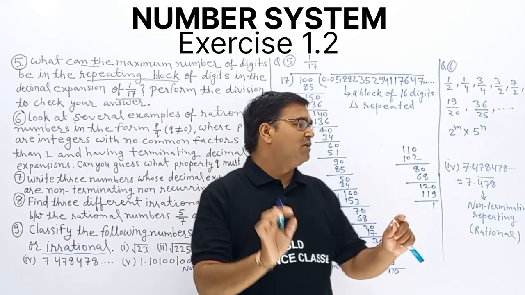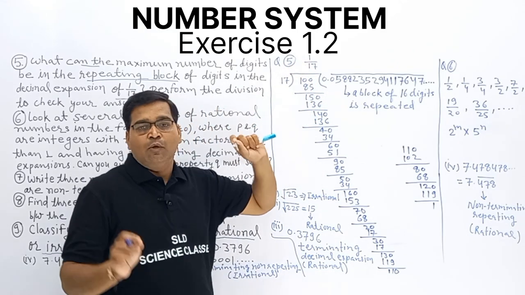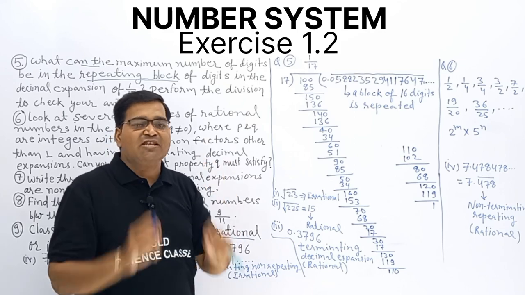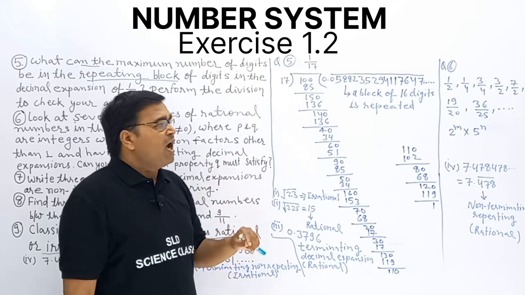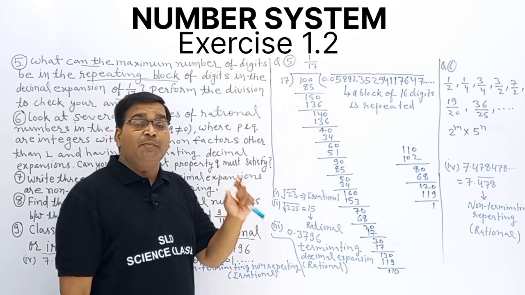So we want 1 by 17. What will be the solution? Once we divide, we get a decimal expansion, and in it, how many digits are repeating in the repeating block?